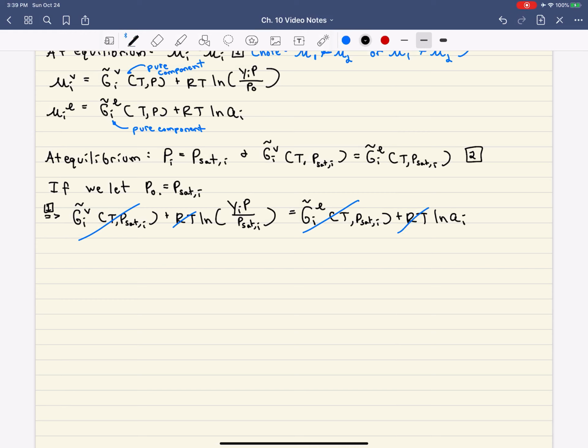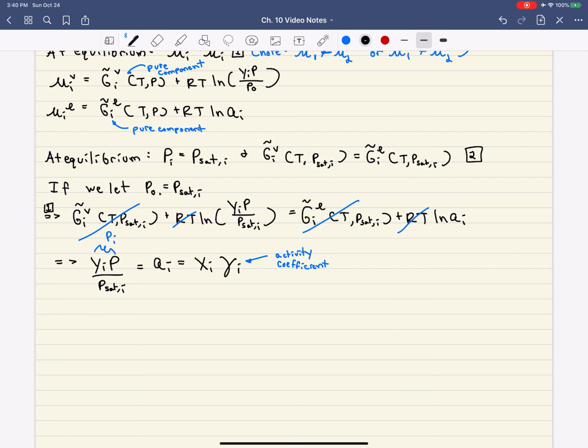We can now rearrange this equation. And what we get is that we have Yi P over P sat I is equal to the activity. And based on how we defined activity in the previous videos, we could say our activity is equal to the mole fraction of species I in the liquid phase times its activity coefficient, and this Yi times total pressure, once again, that's just the partial pressure.